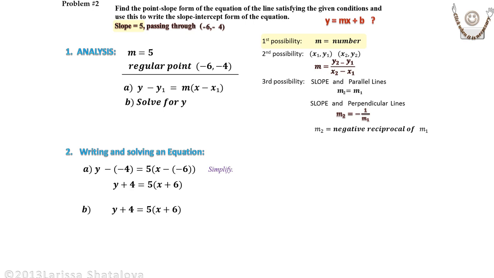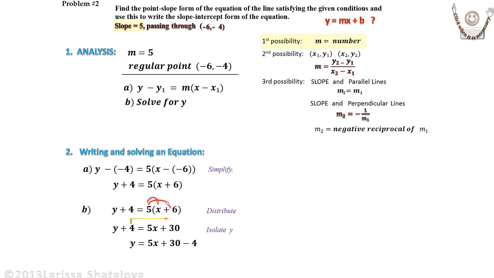How can we do this? First we have to remove parentheses using distributive property. 5 times x would be 5x, 5 times +6 would be just +30. Now we have to isolate y. So we have to move +4 from the left to the right.